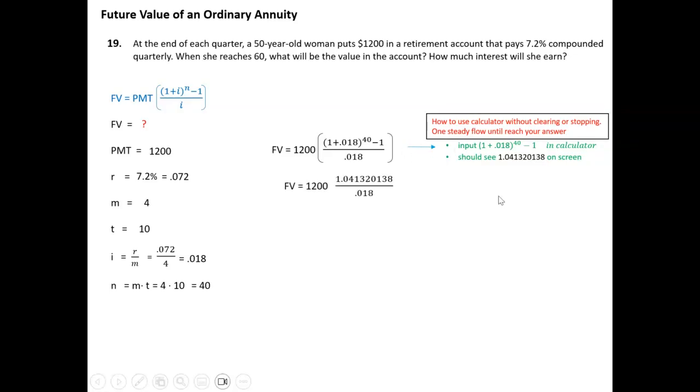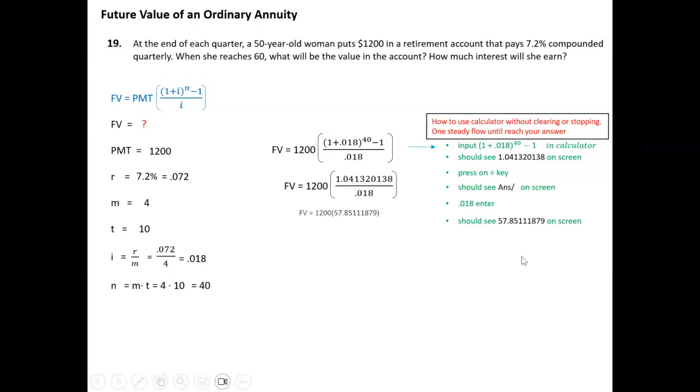Then you're going to hit the division key, because it's going to be divided by. Then this is what you see in the calculator, answer to the division, right? That means that this answer, the 1.04 divided by, now we're going to enter the 0.018. After you do that, you should see something like 57.85111879 on your screen. All right?